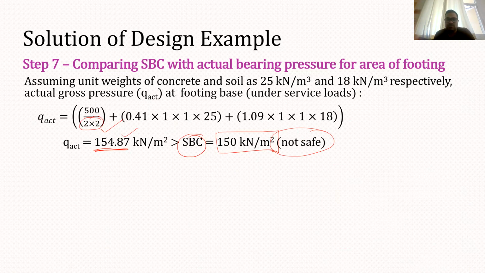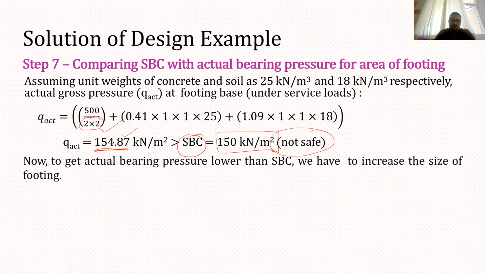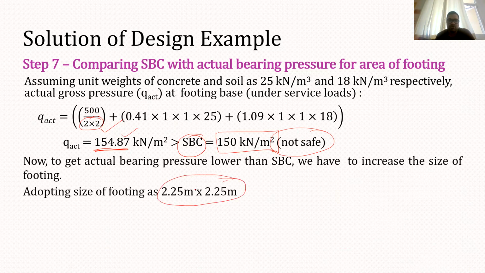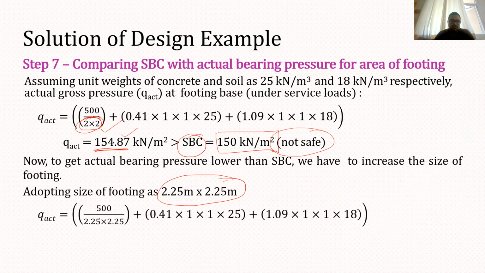2 by 2 is not safe, and therefore say if we increase the size, say if we take 2.25 by 2.25 and again do the same calculation, so this value will be replaced by 2.25 by 2.25, and again doing the calculation, we get the value of Q actual as 128.68.